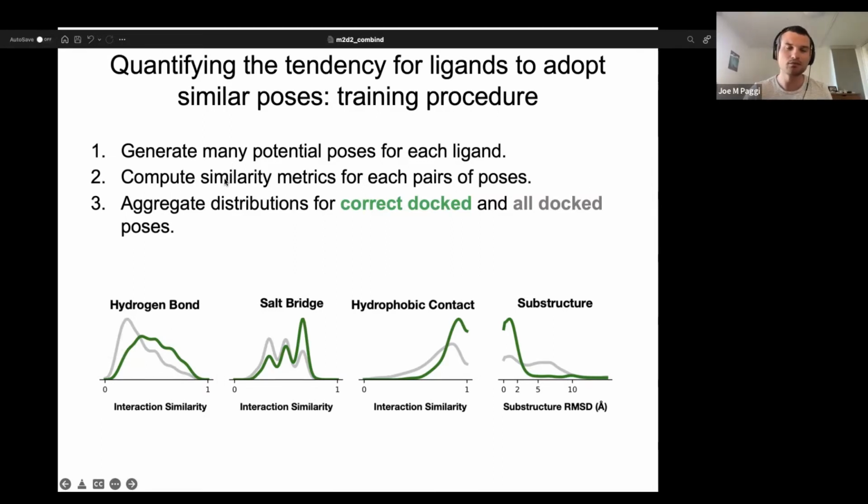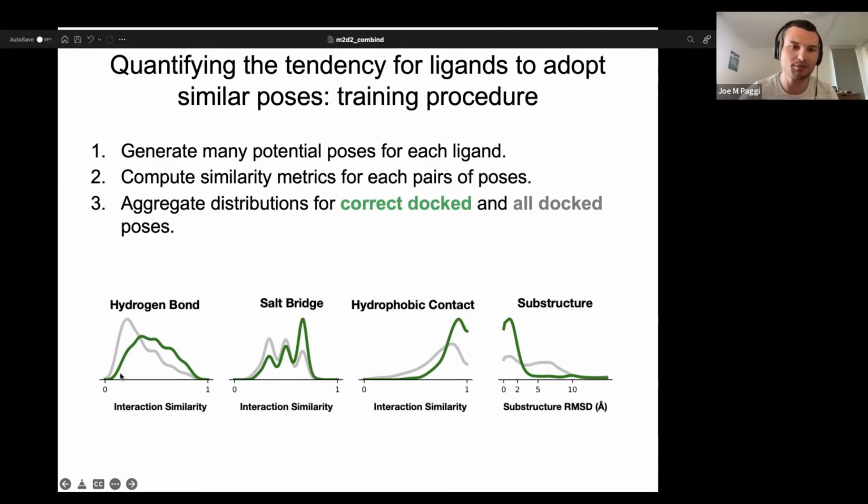Once we have all of these similarity metrics for each pair of poses, we write down aggregate distributions for all of the correct docked poses, and we compare this to the distribution for all of the docked poses.